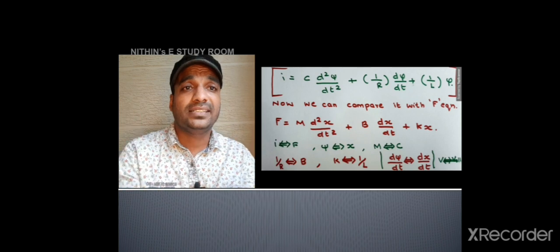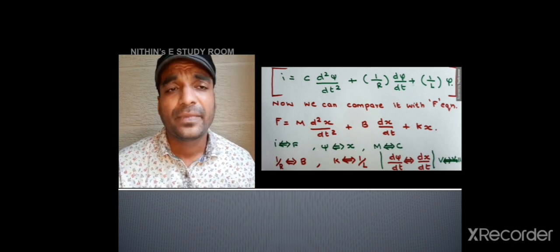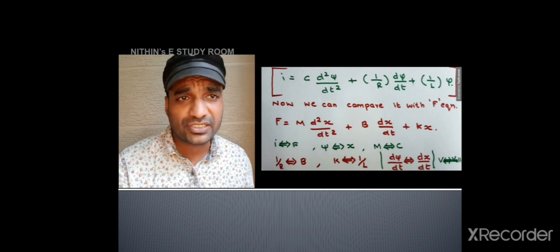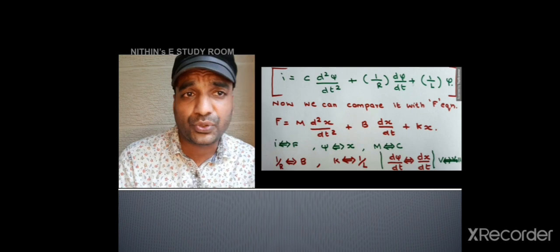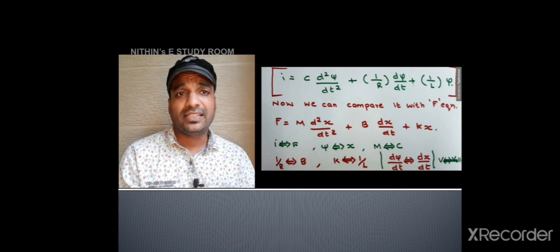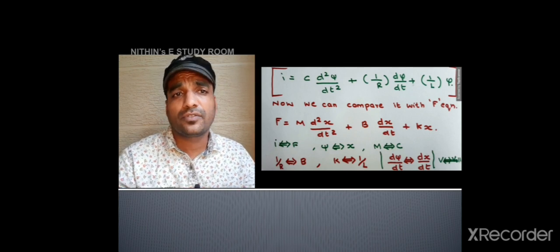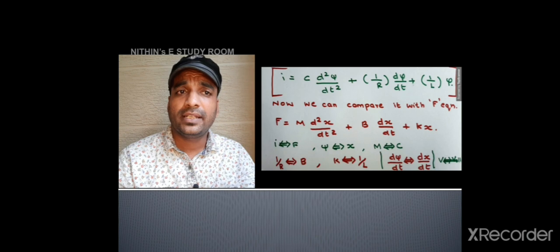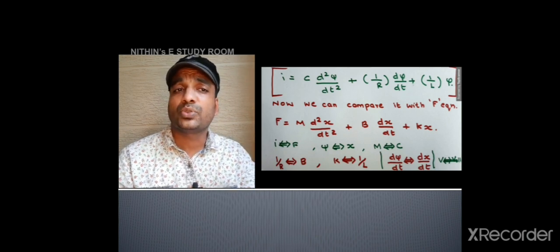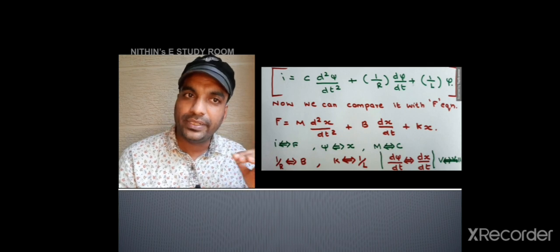And the basic variable, in the first equation it is phi, flux linkage, and in the second equation it is x. X is nothing but displacement. So phi is analogous to displacement, or flux linkage is analogous to displacement. So what are the differentials of those terms? As phi is analogous to displacement, d phi by dt is analogous to dx by dt.